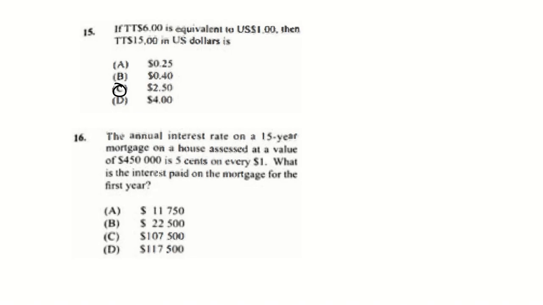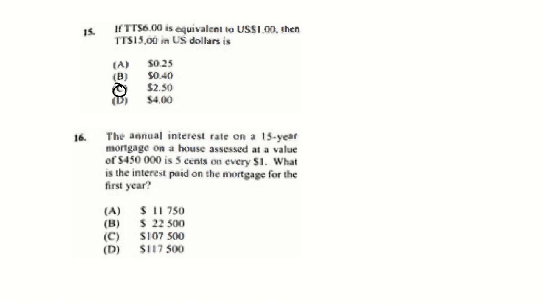Right, then we have an annual interest rate on a 15-year mortgage on a house assessed at a value of 450,000 is 5 cents for every dollar. It's the interest paid on the mortgage for the first year. So we know this asks for the first year, right?